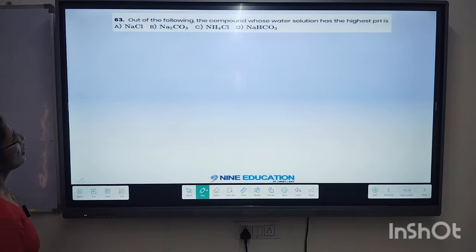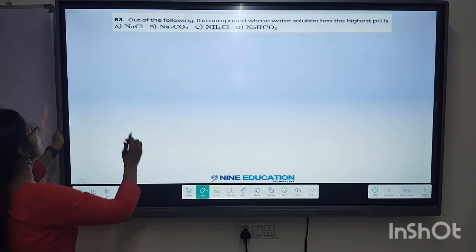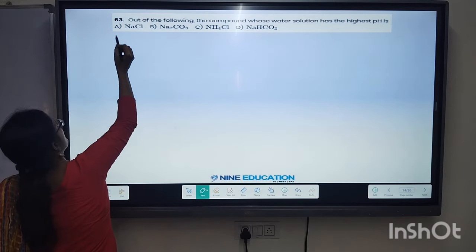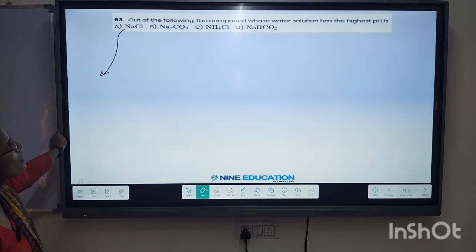Next we are having, out of the following, the compound whose water solution has the highest pH. Okay, highest pH means all of these compounds, if we make a water solution out of this, which one will be the most basic solution? If you look at option A, we are having NaCl, which is a salt of strong base and strong acid, right?